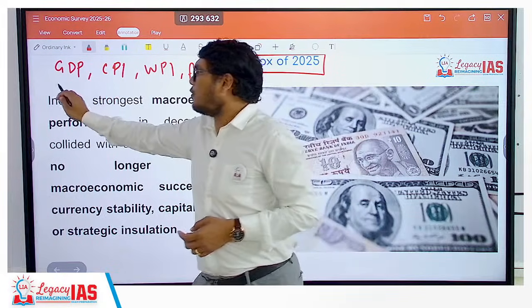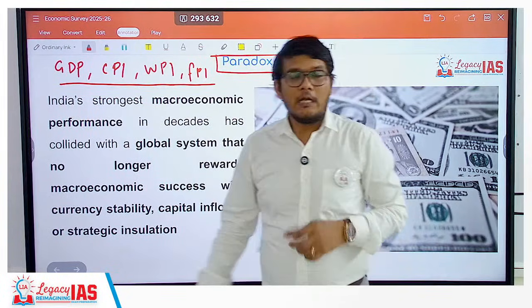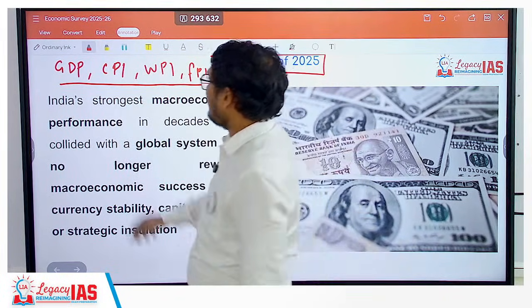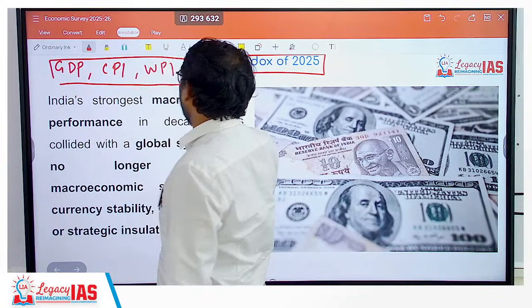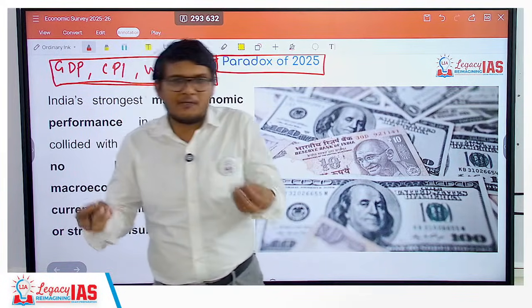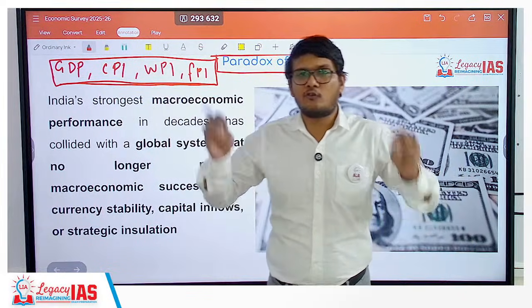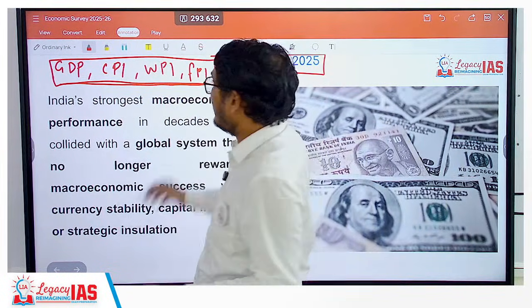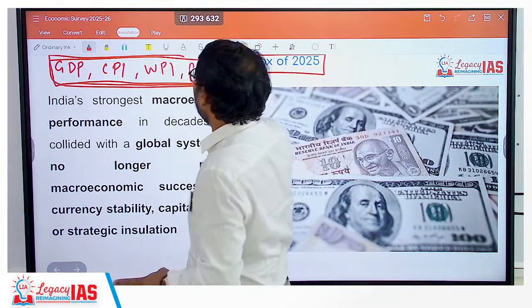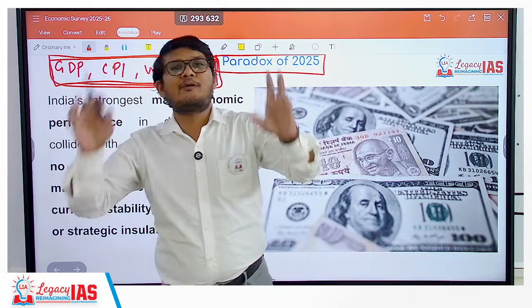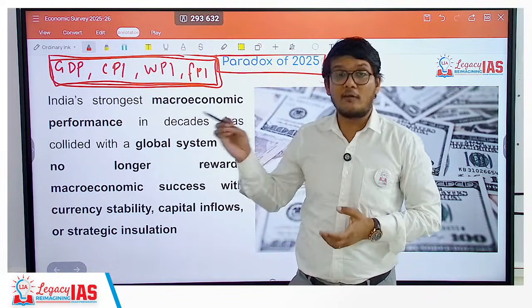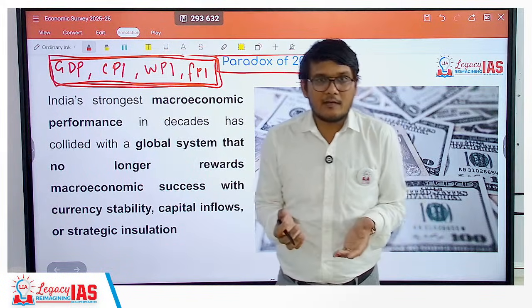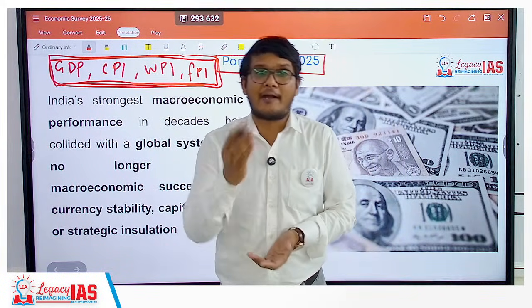These are your macroeconomic indicators. Now, India, with respect to these macroeconomic indicators, is doing exceptionally well. In fact, doing so well that it has not done so well in a combined manner in the last few decades, right? That is what the economic survey also says. However, what is the issue then? What is the paradox?